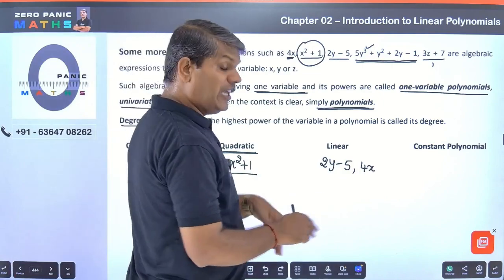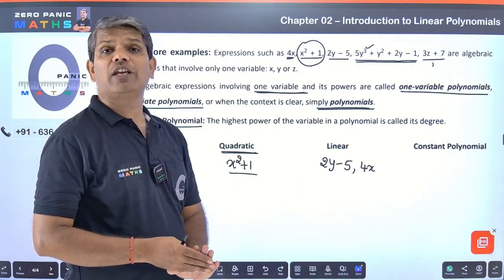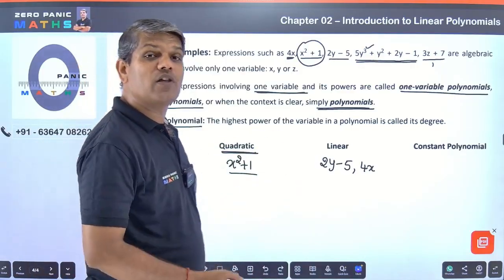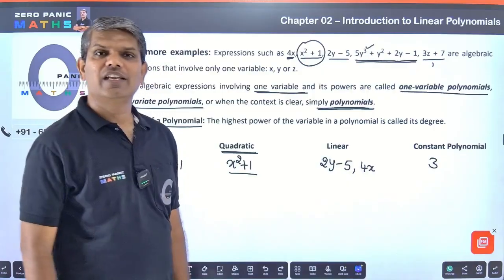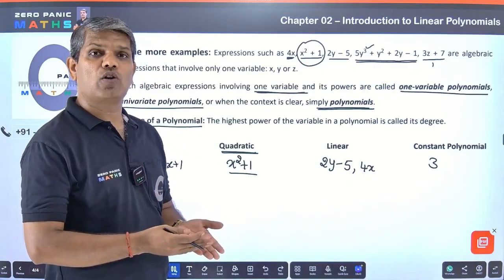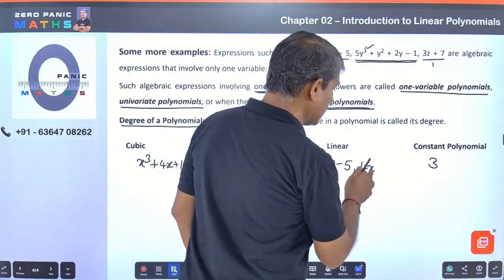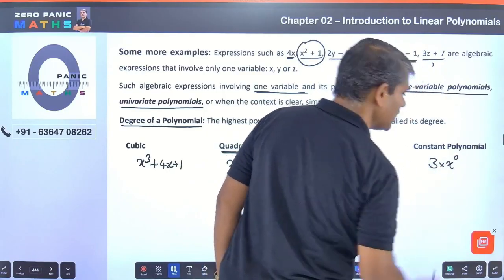Now in addition to linear polynomials, we may have a constant polynomial also. What is the constant polynomial? We have only the constant value. 3, which is a constant value, can also be called a polynomial. What is less than 1? It is 0.